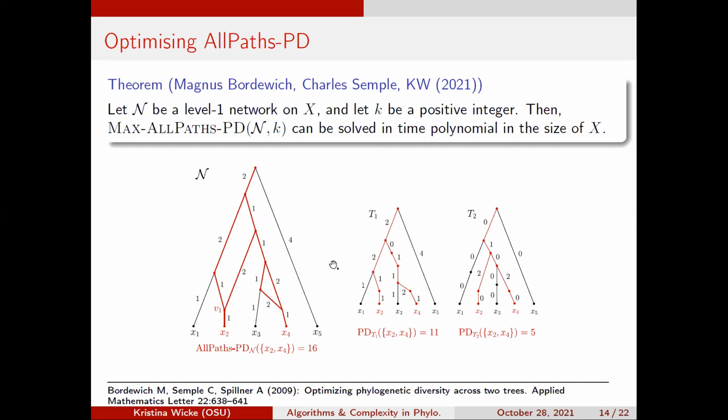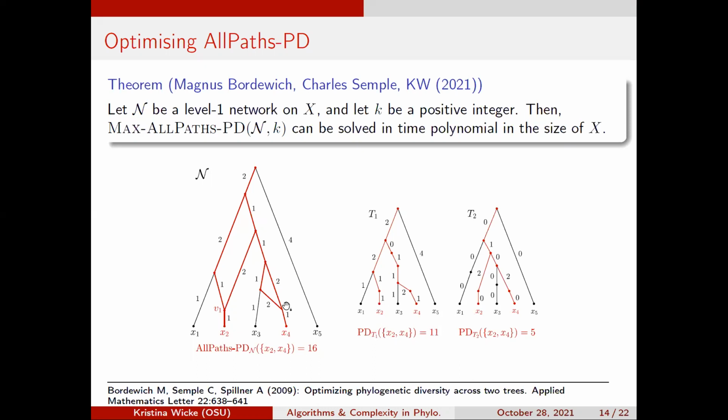Those 2 trees cover all the edges of N, and the all-path PD score of any subset of the leaves is the sum of the 2 PD scores on the trees.